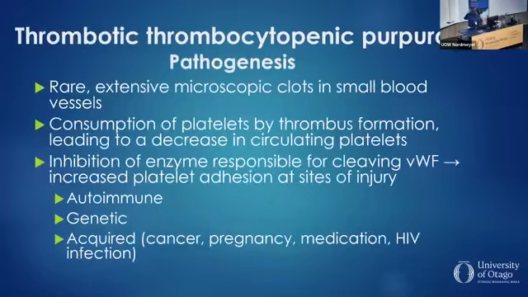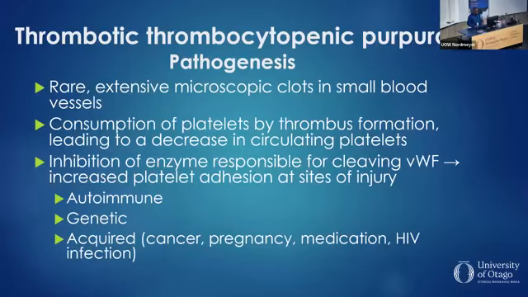TTP is a rare disease with extensive microscopic clots in small blood vessels. It is associated with consumption of platelets by thrombus formation, leading to a decrease in the circulating number of platelets.